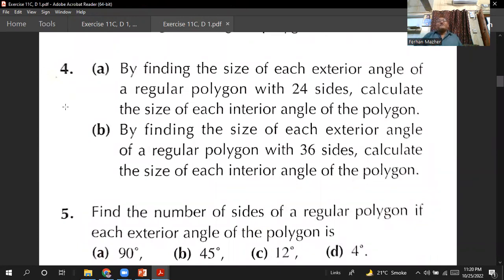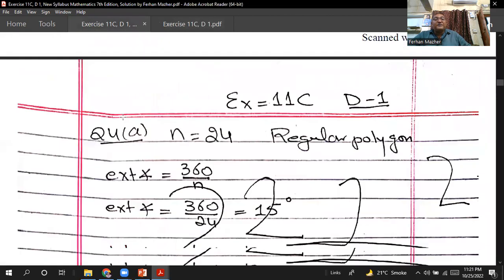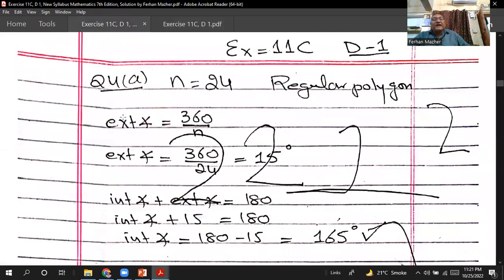He says, by finding the size of each exterior angle of a regular polygon with 24 sides, calculate the size of each interior angle of the polygon. Okay. So no matter what is the shape of the polygon, the sum of the external angles is always 360.